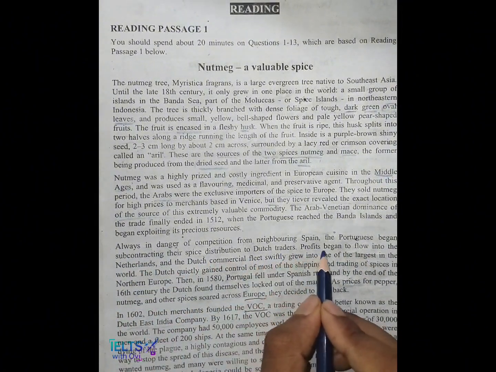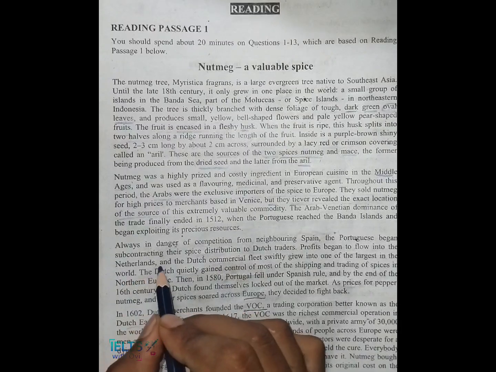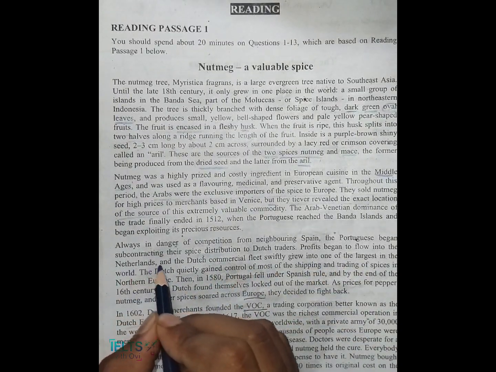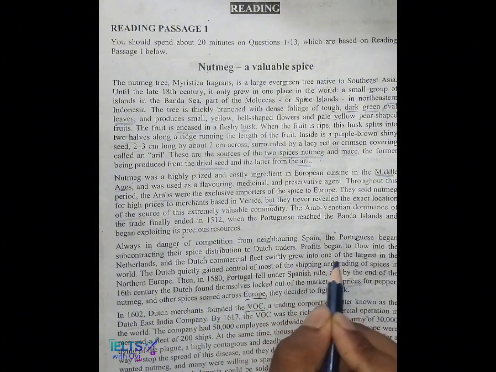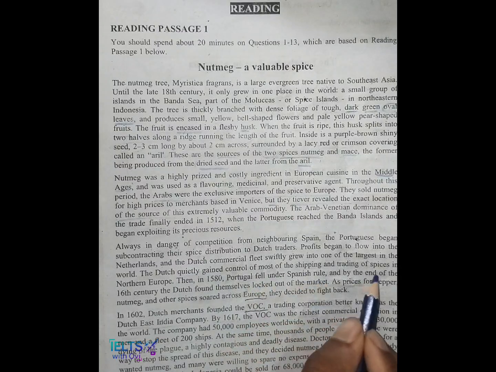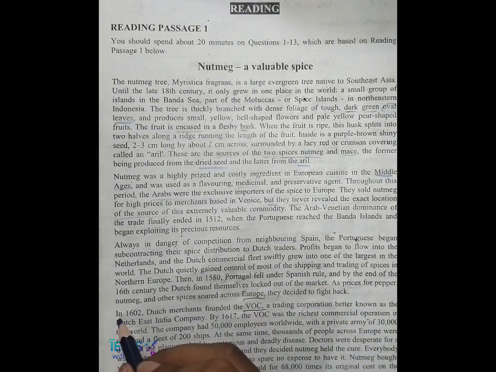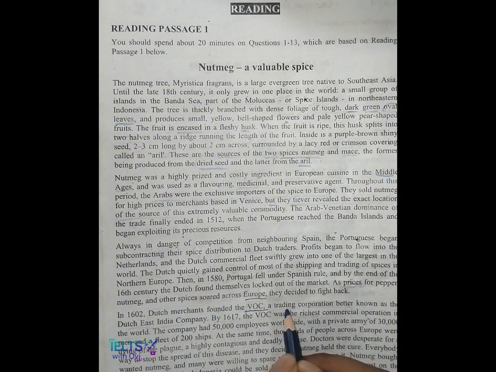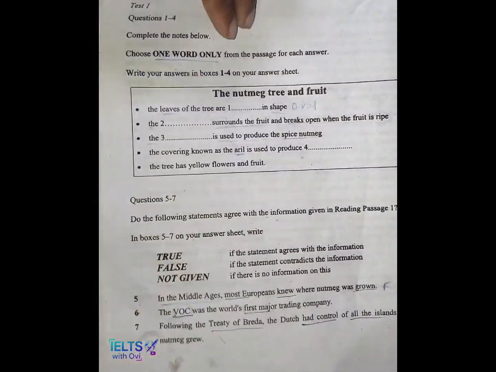Dutch trade profits began to flow into the Netherlands, and Dutch commercial strength grew. They controlled shipping and trading spice. We can't work here, so we need to search from there. Dutch merchants founded the VOC. Now we have to find the VOC.